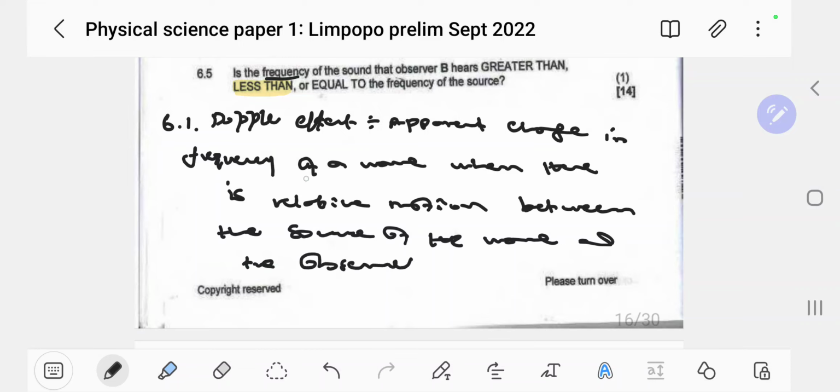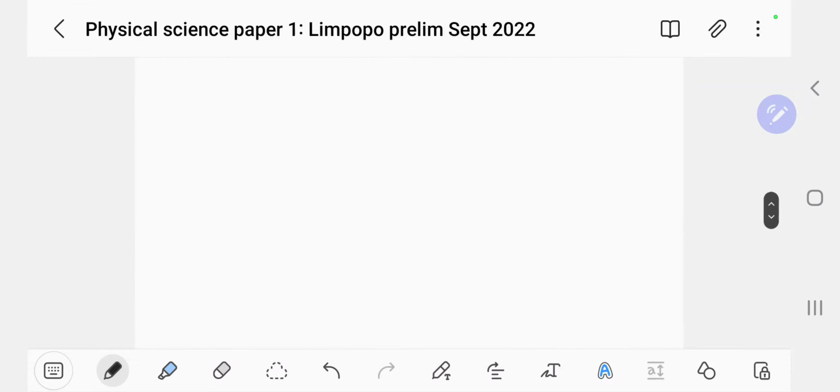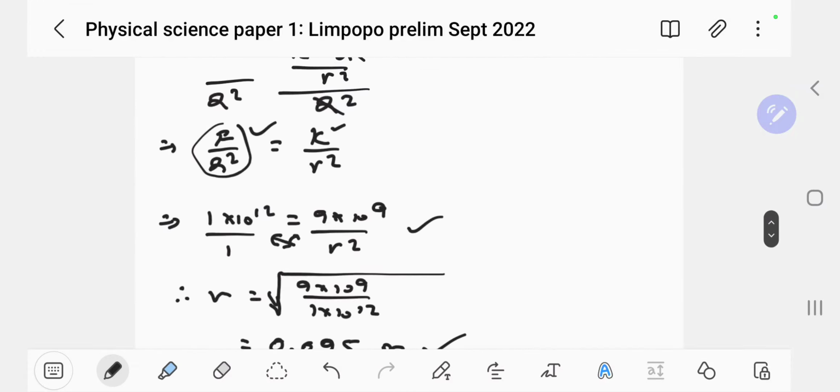It is the apparent change in frequency of the wave when there is relative motion between the source of the wave and the observer.